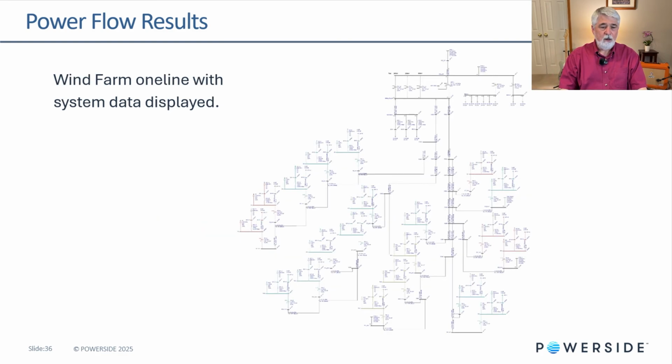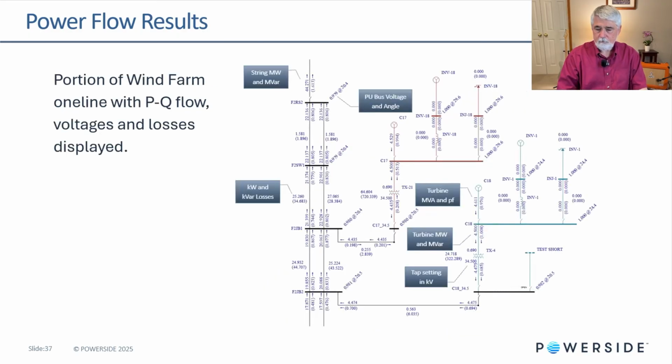Here's a wind farm one-line that has the data on it. We're zoomed out, so it's hard to read, but if we were to run a power flow simulation and then zoom in, we could see results like this. Here are the megawatts and megavars, per unit bus voltage and angle. Kilowatt and kVAR losses are shown here.